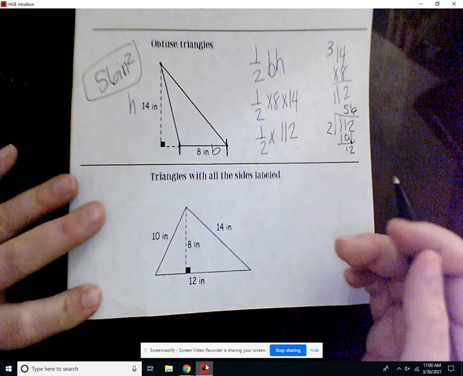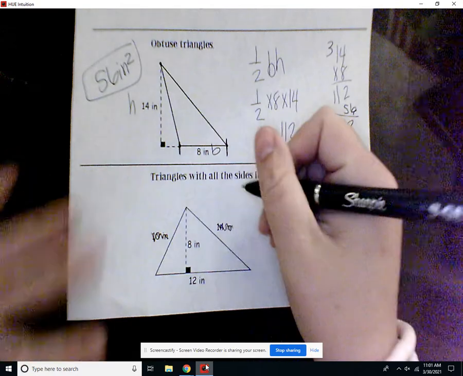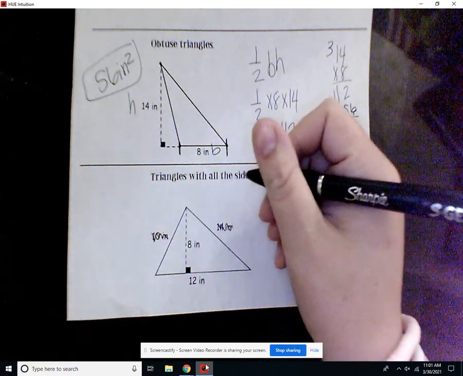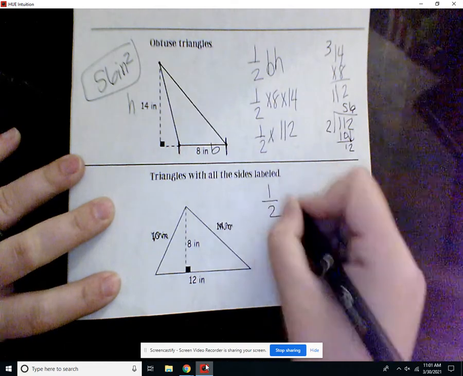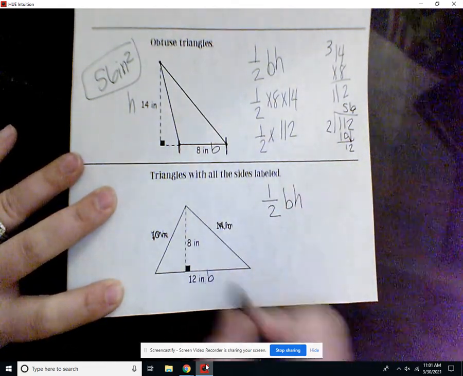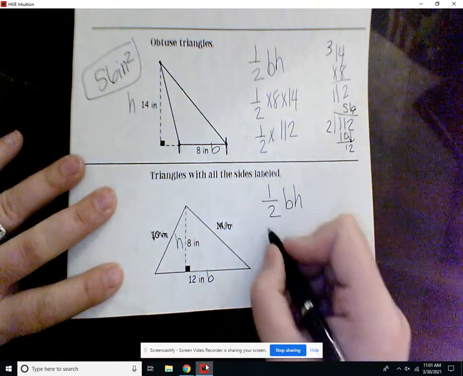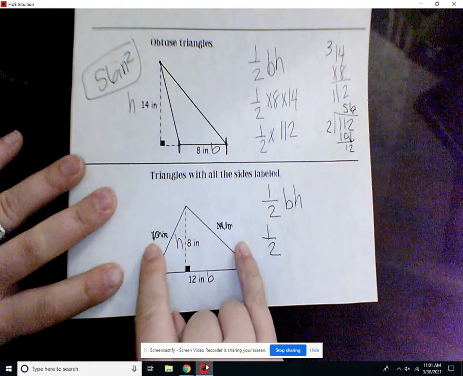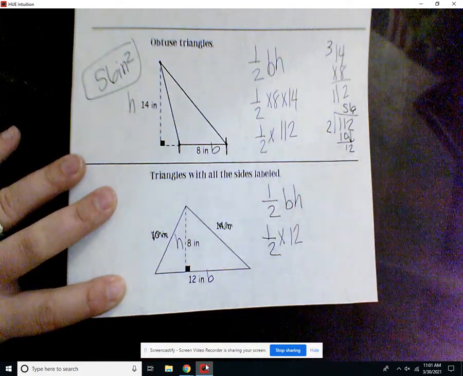Then our last one is our triangle. So we're not going to do our slants. And then we are going to write down our formula, 1/2 BH. So base is 12, height is 8. So we marked off the number on the slants. We do not use those. So there's our base.